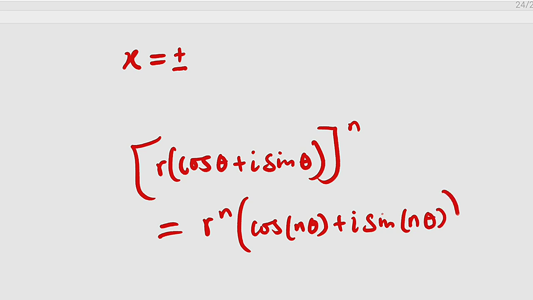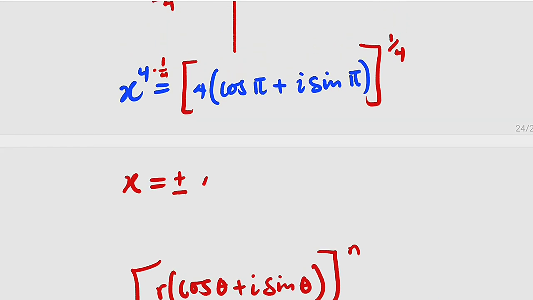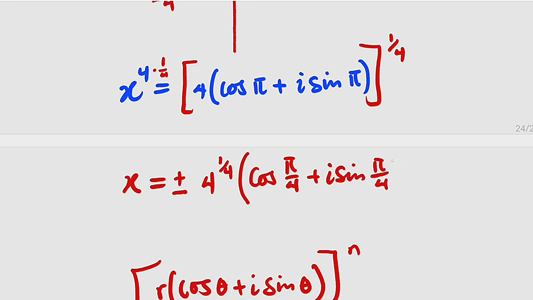So this is what we have. Therefore, this can now be written as 4 raised to the power of 1 divided by 4. Then inside, if you multiply the angles by 1 divided by 4, you're going to get pi divided by 4. So we have cosine of pi divided by 4 plus i sine of pi divided by 4.